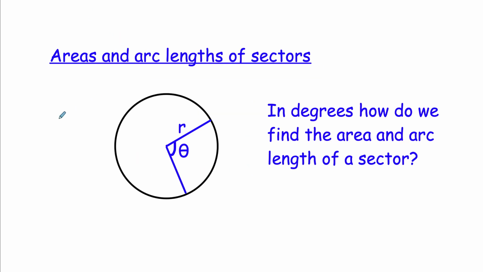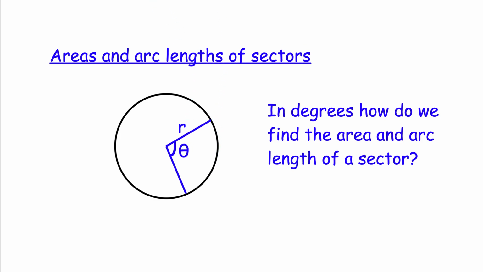We have got some formulae that we already know when working with degrees. You did this in like year 8, year 9: the area of a sector, and the arc length, the section of the circumference.